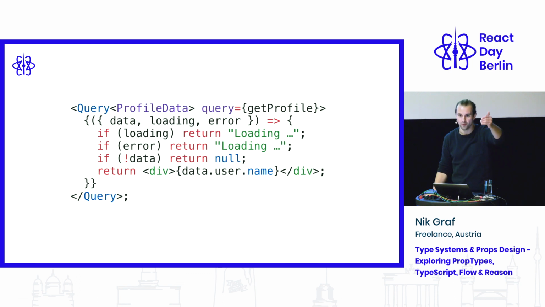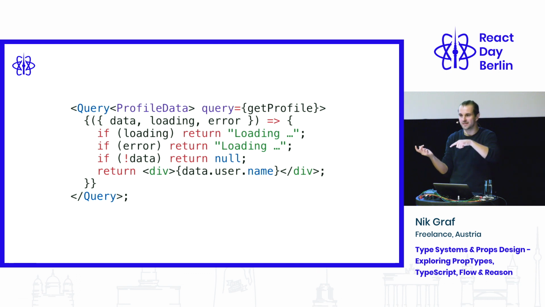But if you load an error, loading is false, error is true, there's no data. But then if you have a refetch button, during the refetch the error could still be true and you're loading at the same time.